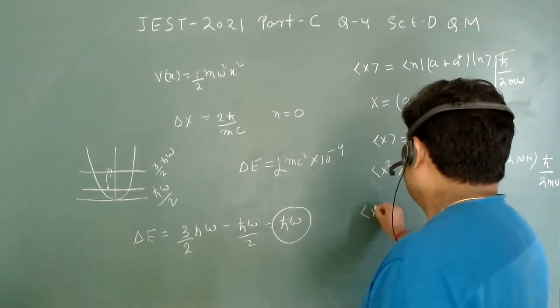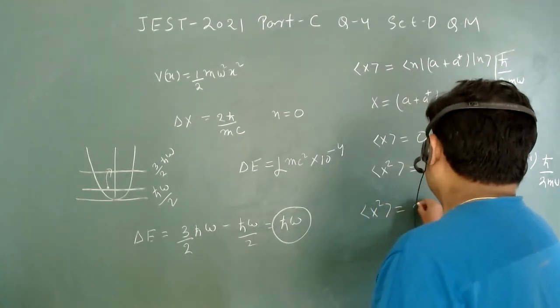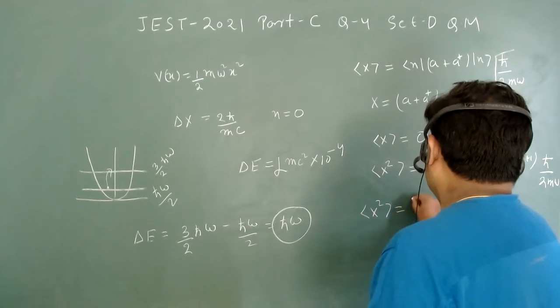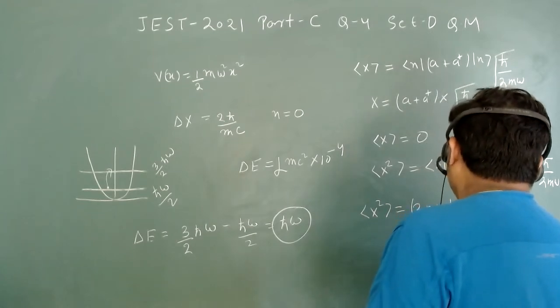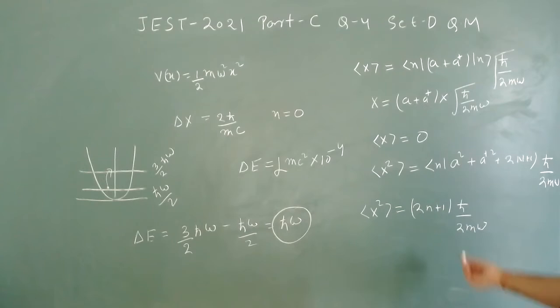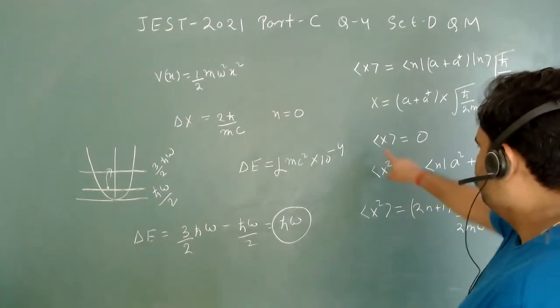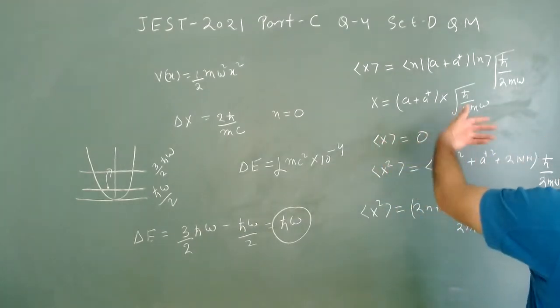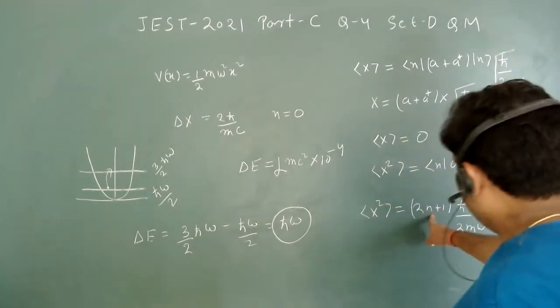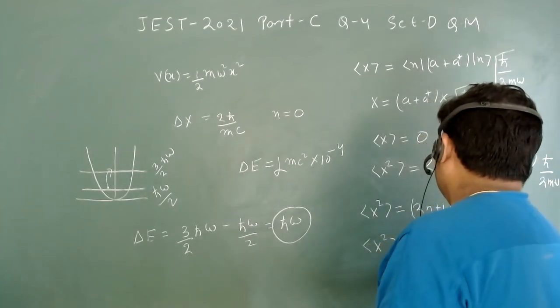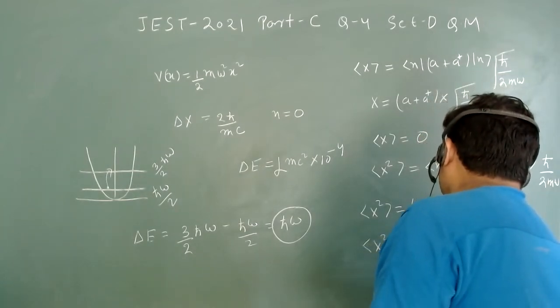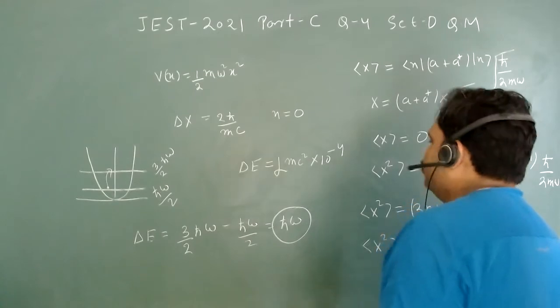So the average value of x square is basically 2n plus 1 times h cut upon 2m omega. The expectation of x is 0 for any state, and for the ground state, n is equal to 0, so the expectation value of x square is h cut upon 2m omega.